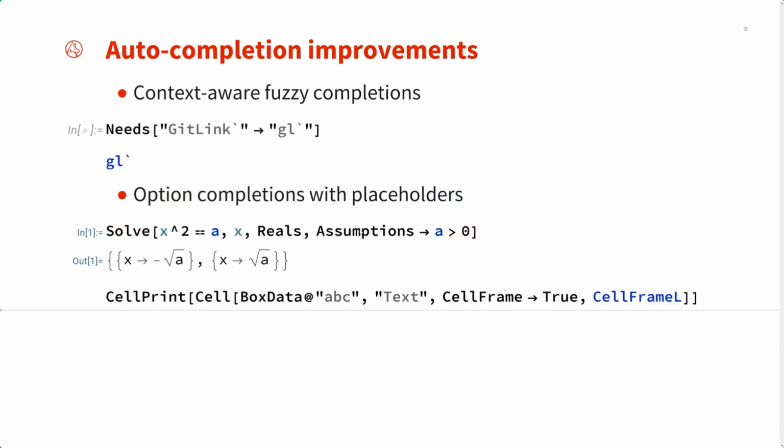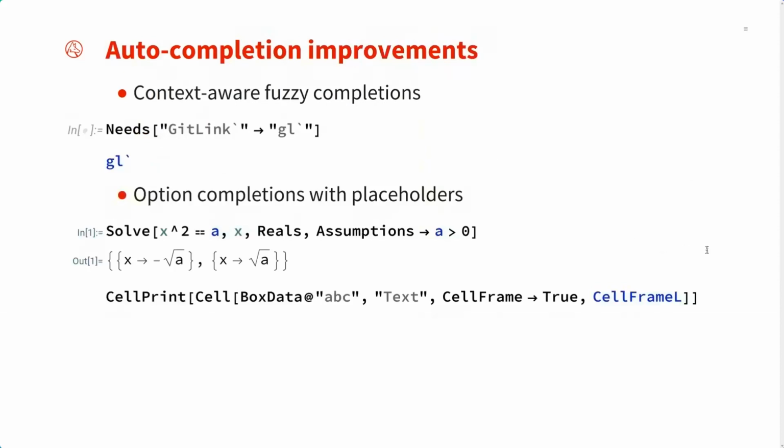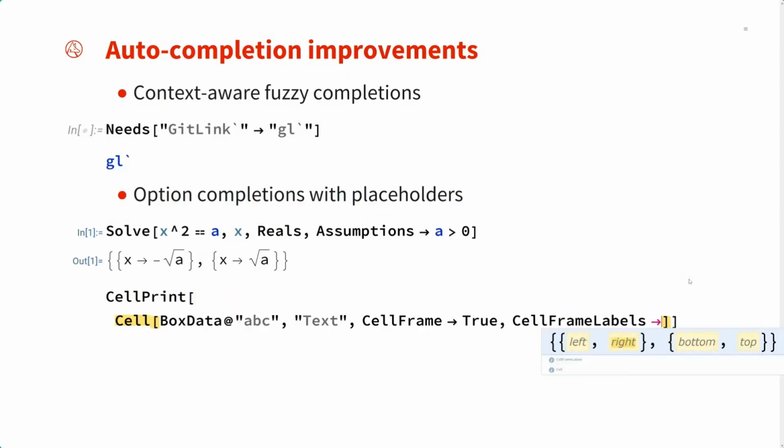Sometimes there wasn't really any reasonable completion at all. So here's another case: cell frame labels. What was I going to put in cell frame labels? I don't know. But if you're anything like me, you get mixed up. What order is a cell frame label in?